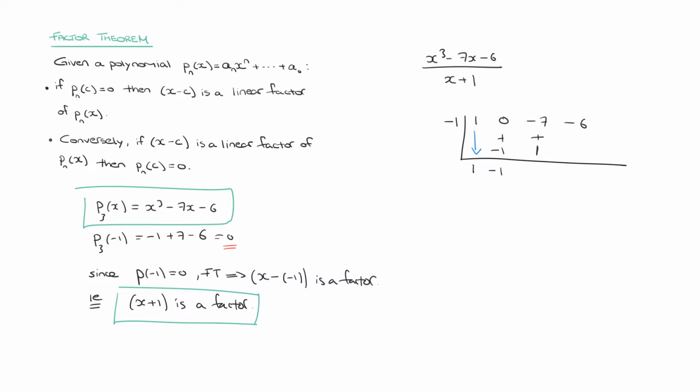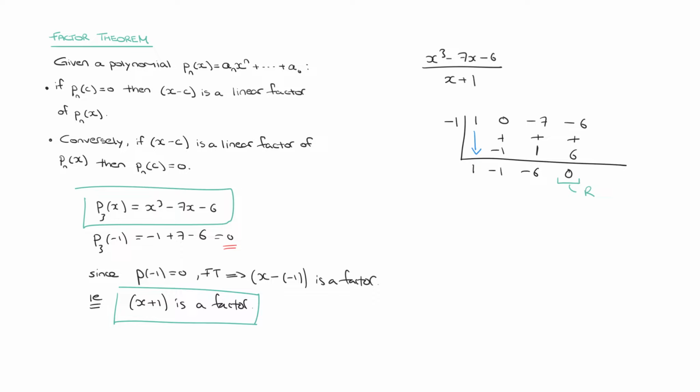I add the negative 7 above it, which gives us negative 6. I carry on. Negative 1 times negative 6 gives us 6. I add the negative 6 above it, and I get 0. This is the remainder, capital R, and the fact that it's equal to 0 confirms that x plus 1 is a factor of the polynomial.